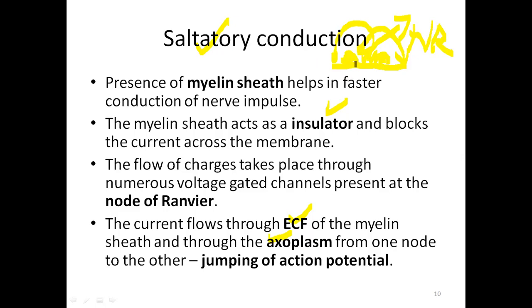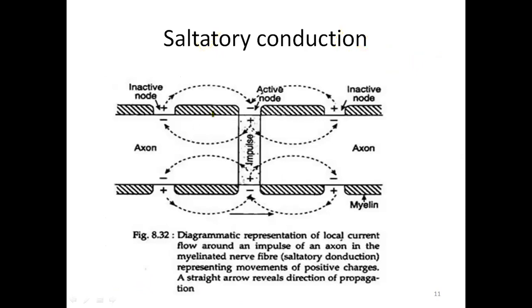It appears as if the action potential that is generated here is jumping from node of Ranvier to node of Ranvier. That is why this is also known as jumping action potential. So it is very clear that the flow of current is not continuous; it is jumping from one node to another. As a result, there is an increase in the speed of conduction. So we need to understand that in myelinated neurons, the speed of conduction is more. You can see here there is jumping of the action potential.